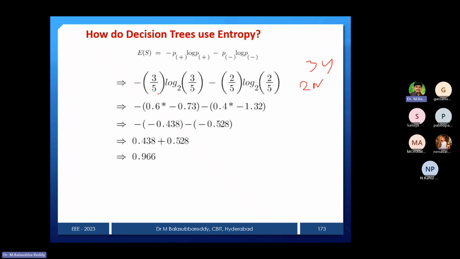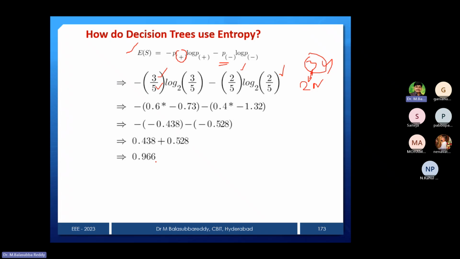So we can calculate the entropy for feature 3 as minus the positive class: 3 positive out of 5, because 3 plus 2 is only 5, total 5 cases. So 3 by 5 and log base 2 of 3 by 5, minus the negative class, 2 by 5, log base 2 of 2 by 5.